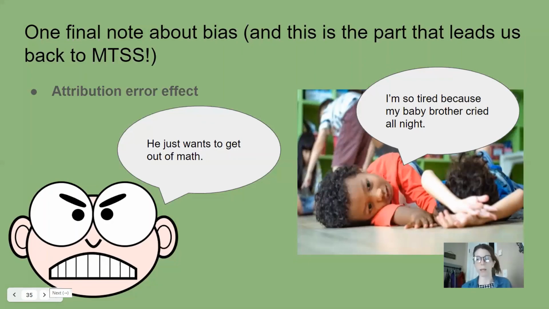Whereas on the inside of that child, he could be flopping on the floor because he's so tired because his baby brother cried all night, right? And so he's thinking, if I lay on the floor, my teacher's going to know it's because I'm tired. Whereas you might be thinking it's because he wants to get out of something. Again, I'm not saying that avoidance doesn't happen. It absolutely does. But we have to be careful to balance what the internal is versus what the external is.